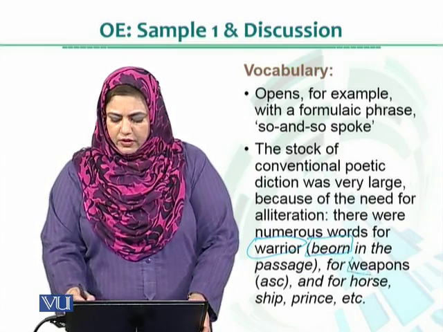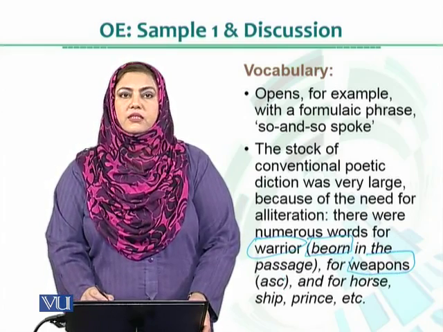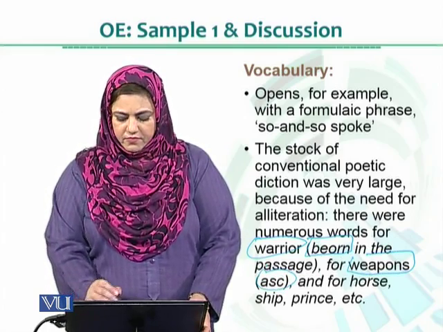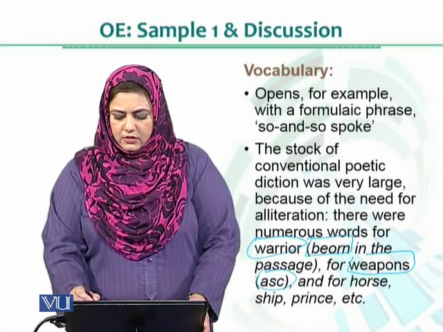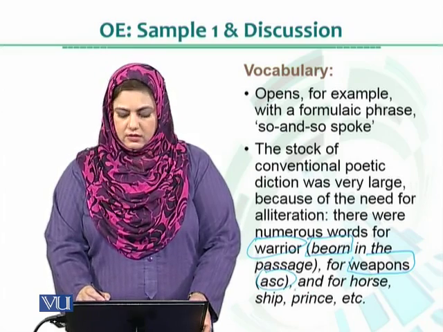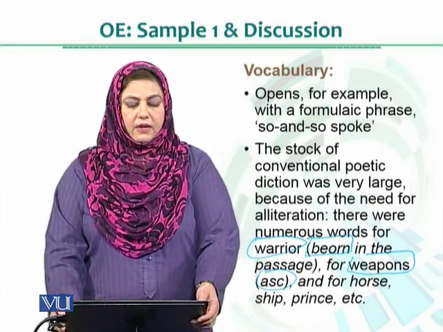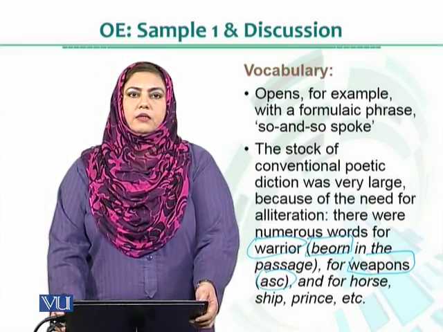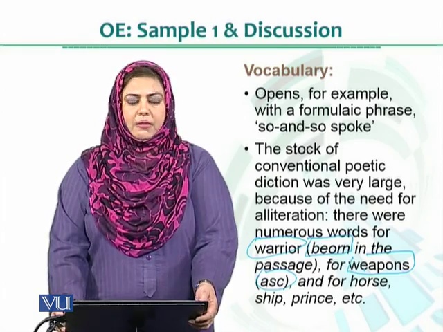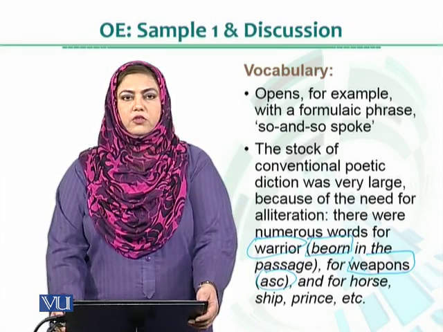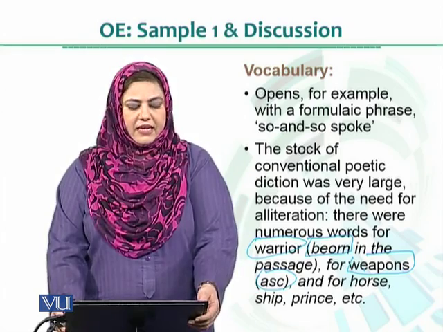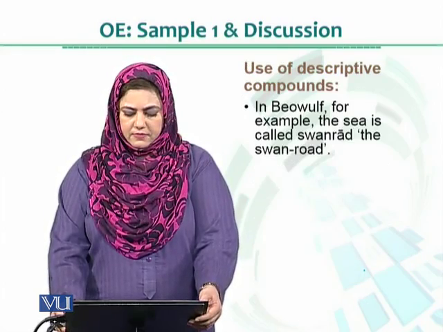For weapons, for example, you would have noticed the use of the particular word. You also would have noticed for horse, ship, prince, etc., how a lot of typical traditional vocabulary, conventional poetic vocabulary was used so that rhyming and alliteration could be created.